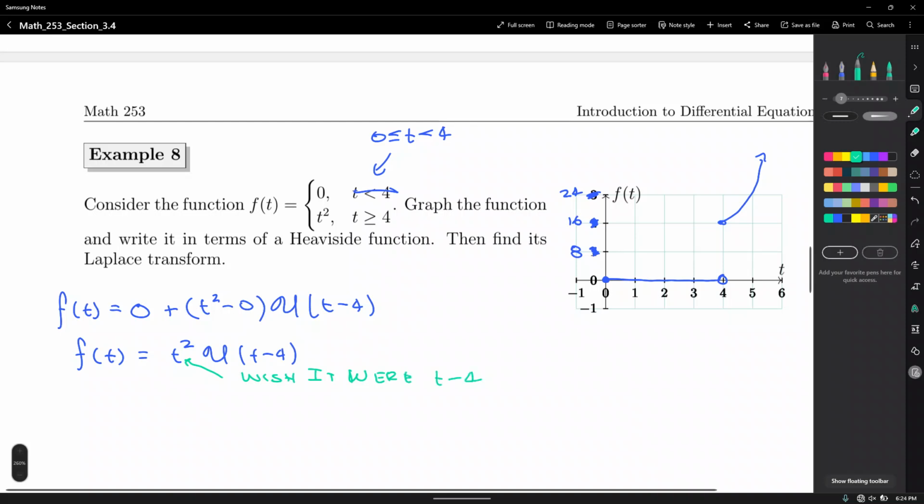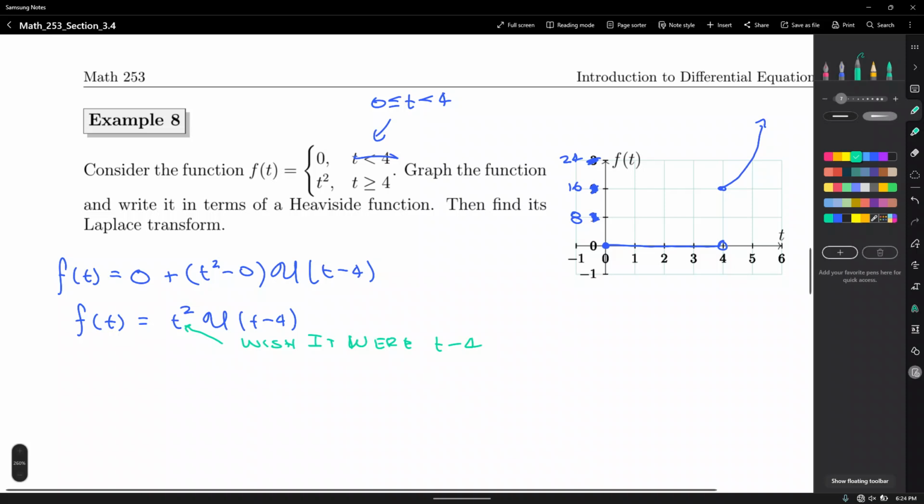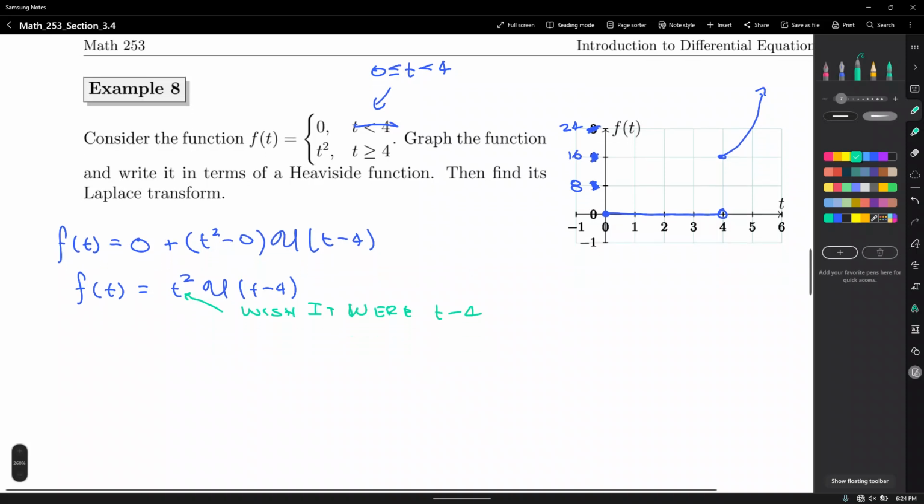We can make our wish come true. Let me actually do some side work for this one, okay? This one is going to be a little tricky, okay? So I'm going to write t squared. Do you guys agree this is the same as saying t minus 4 plus 4, quantity squared? I'm subtracting and adding 4. I'm essentially keeping that 0 there, all right?